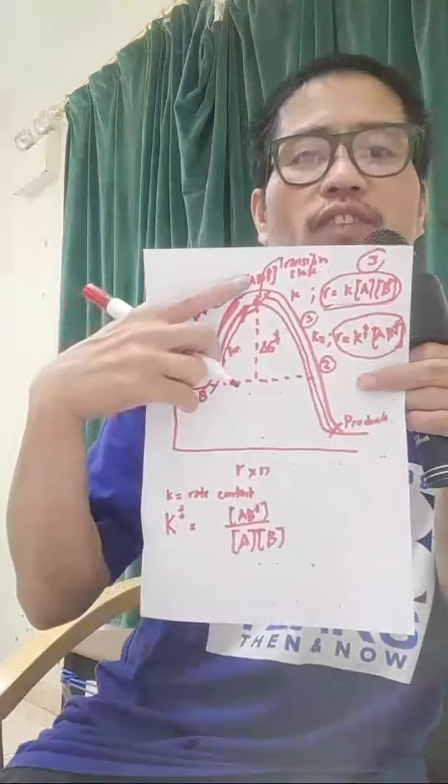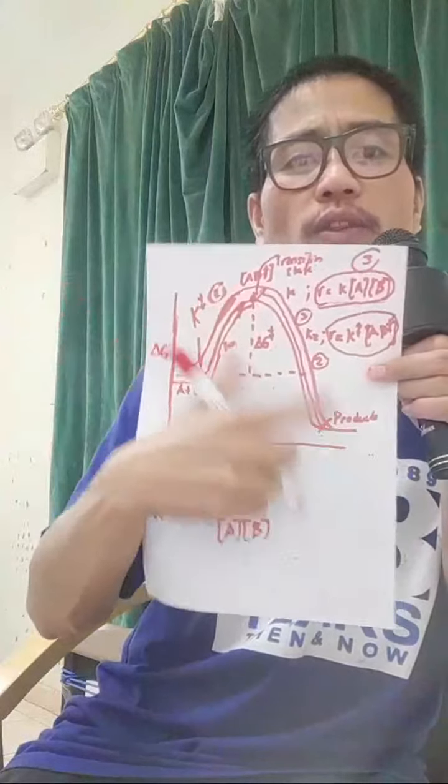So K, A, B. And then in the points 2, what's the value of points 2 from the transition state AB double integer going to the products? What is the R here? The 2 will be K double integer, then AB concentration double integer, like that.